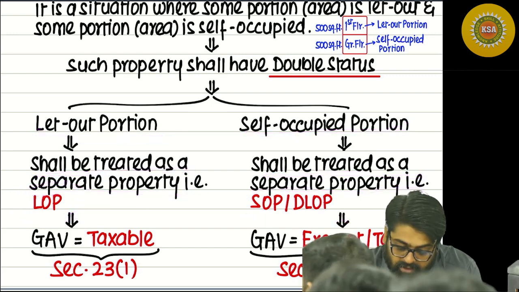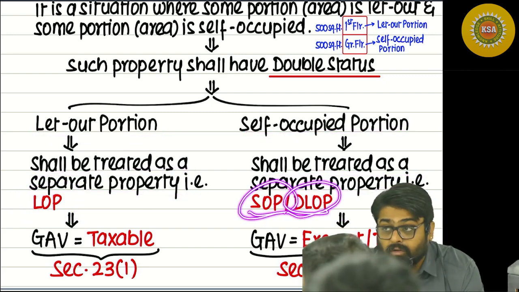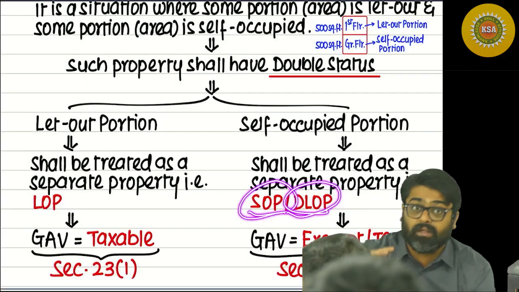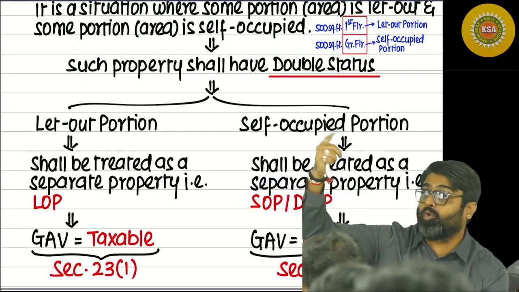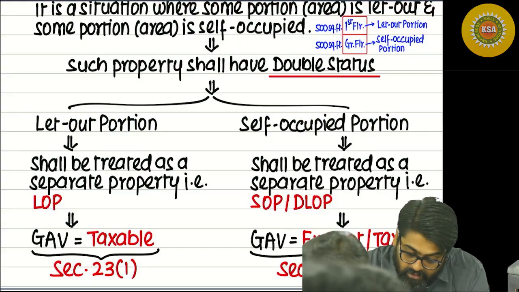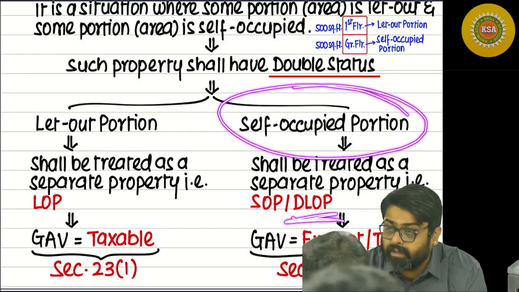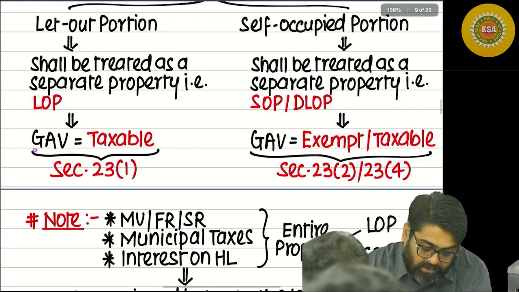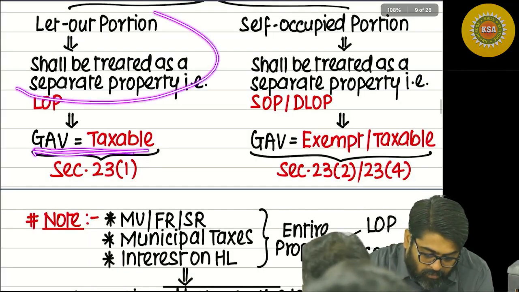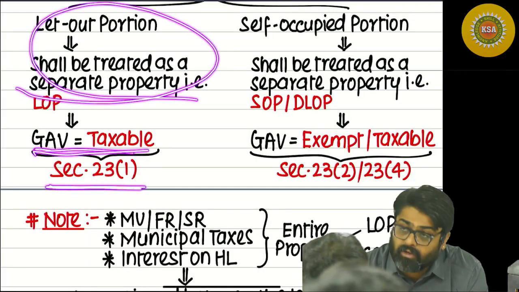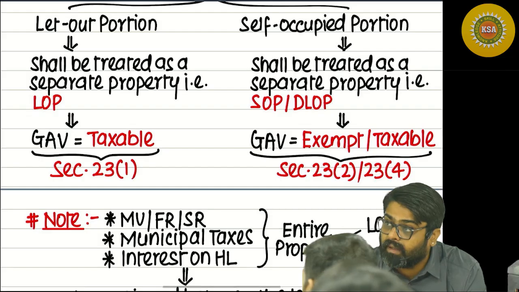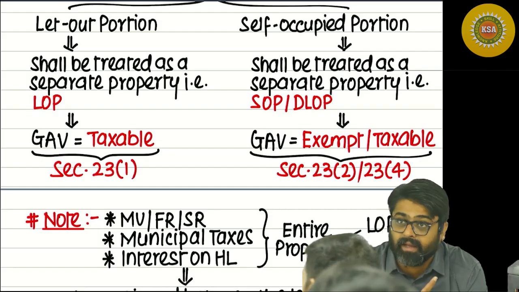That is, either it will be treated as SOP or it may also be treated as DLOP. If the other two SOPs are there, then the other two SOPs will be exempt and this self-occupied portion will be treated as DLOP. Okay. Now the GAV of the let out portion will be taxable and it will be calculated in the same manner in which you calculate under 23(1).